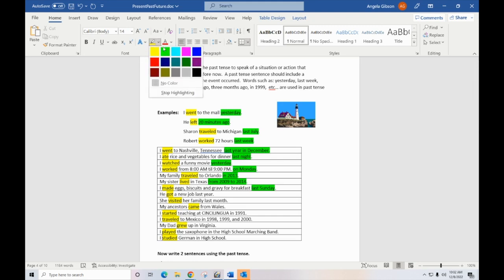Now we can quickly find the time in these last sentences that we looked over. He got a new job when? Last year. She visited her family when? Last month. My ancestors came from Wales.